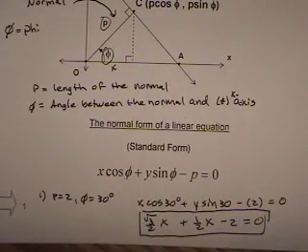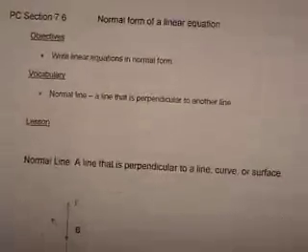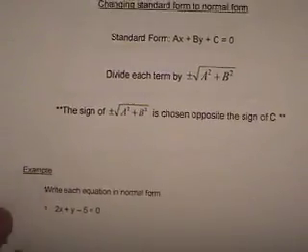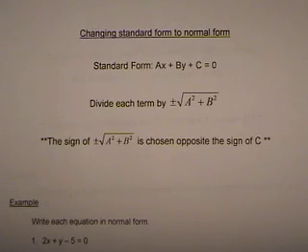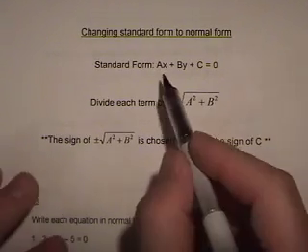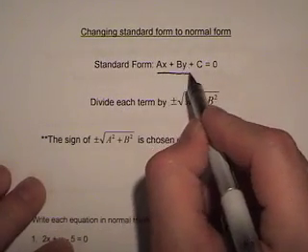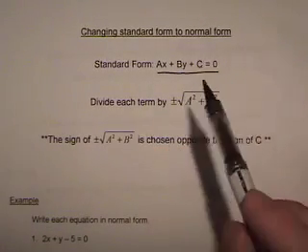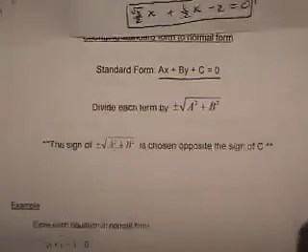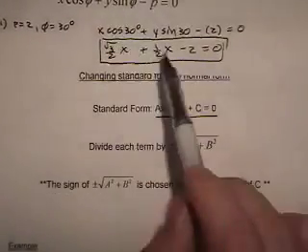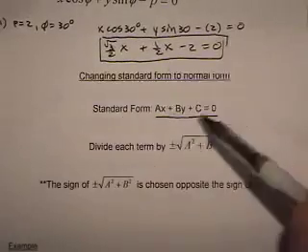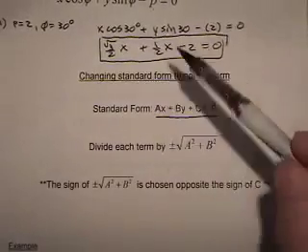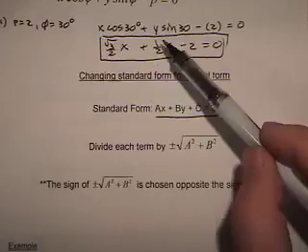That's good, but remember I said we want p and phi. I don't want to be given p and phi. If I knew them, I wouldn't have to go through any of this 7.6 stuff. So if you have a standard form of a line, with all the stuff on one side and 0 on the other, the normal form is in the same kind of form, all the stuff on the left equals 0, but the numbers are going to be different.